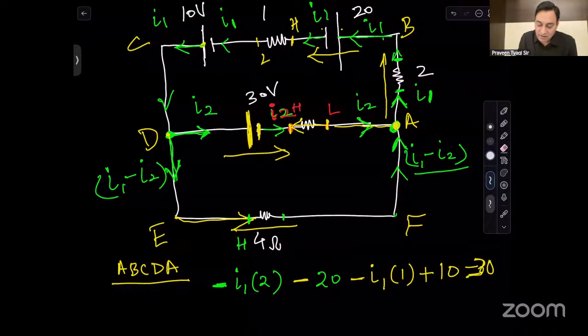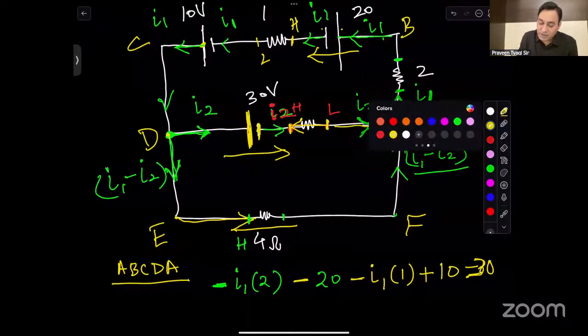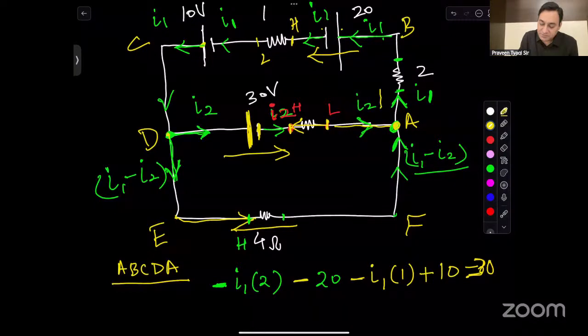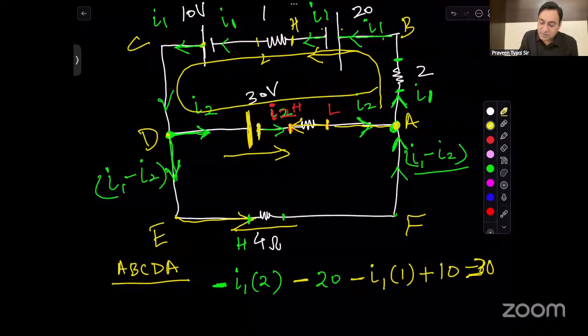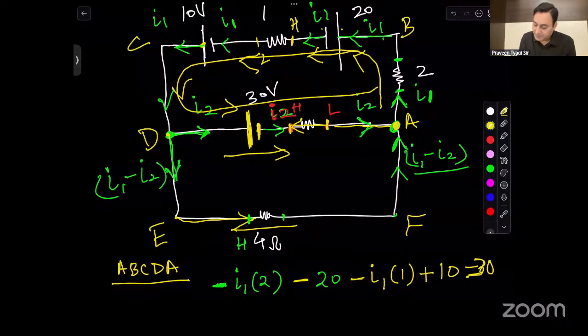And then this time we are moving in this loop. Please try to see this. We are moving in this loop, A, B, C, D, A. This is our path. Now, for the battery, minus 30.